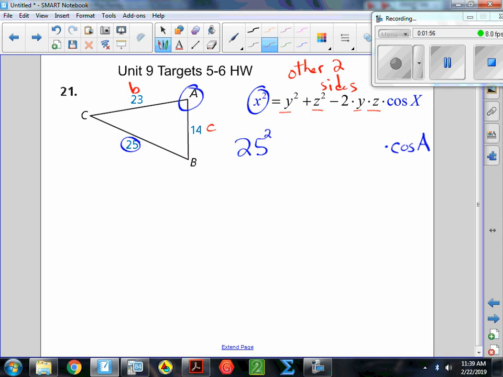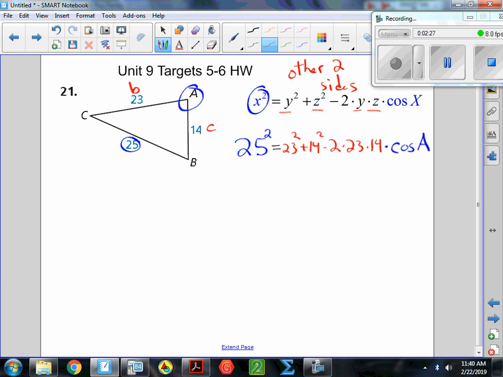So my equation is going to look like this: 25 squared equals 23 squared plus 14 squared minus 2 times 23 times 14 times cosine of A. So I started with a side length 25, ended it with cosine of the angle across, and then filled in the other two sides where they went in the formula.